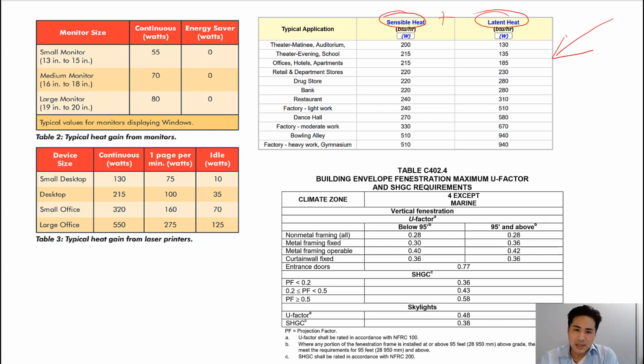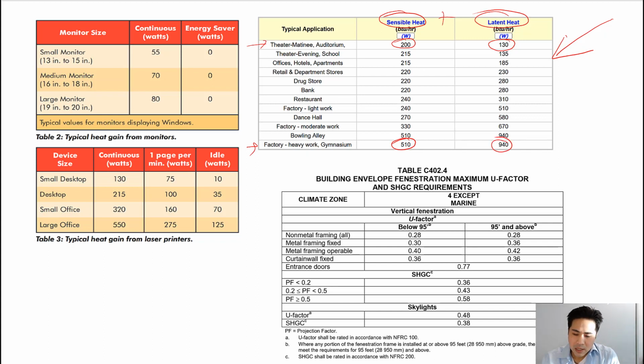And depending on the activity, there are different numbers for these two values. If you look at the top, this is when the person is in a relaxed state, at a theater. The sensible heat is 200 and the latent heat is 130. As their activity increases, the sensible heat will increase as well as the latent heat. So if you look down here, the factory heavy work or gymnasium, the sensible heat is 510 and the latent heat is 940.